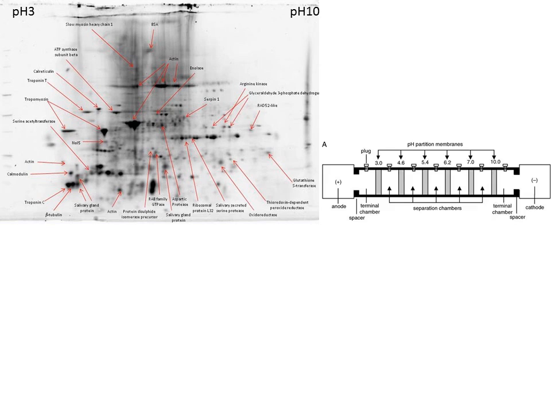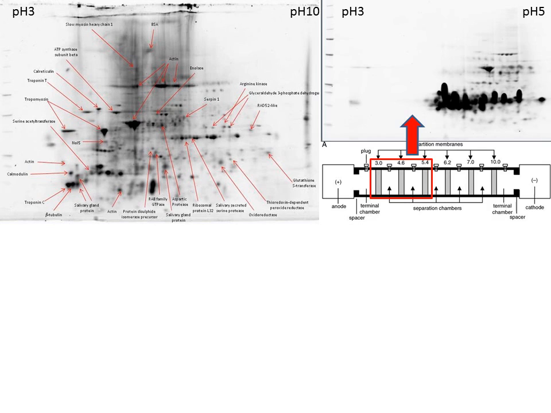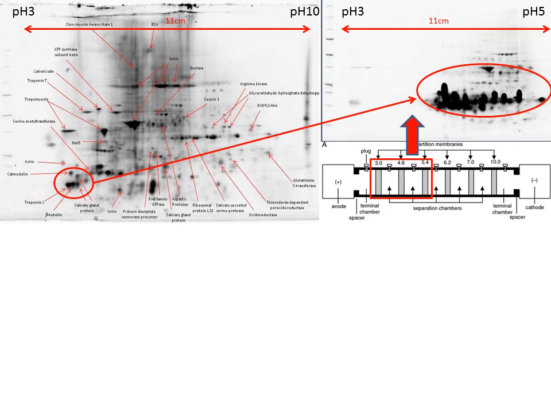If we separate by charge first, and then take the liquid from this chamber, which contains proteins whose charge is neutral between pH 3 and 5, and we separate them on a 2D gel of the same size but a reduced pH range, we can see that this group of proteins with about 6 spots expands into this group of proteins of about 30 spots.